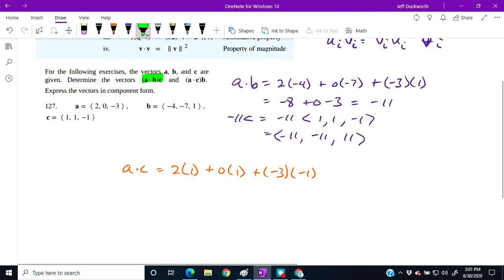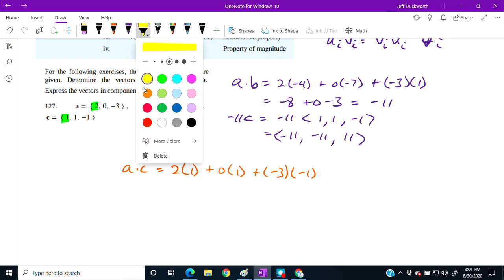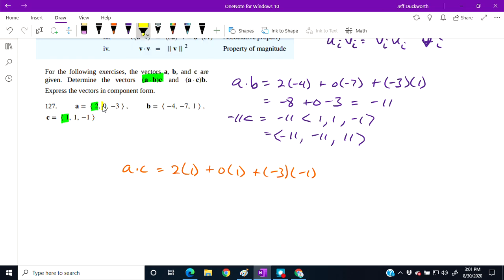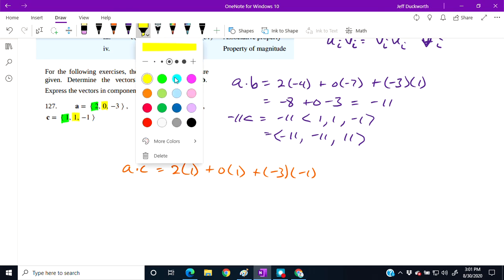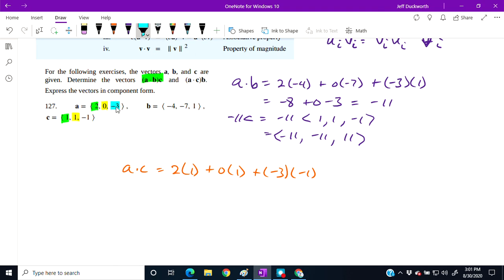Again, there's my 2, there's the 1, there's my 0, there's my other 1, and there's my -3, and there's my -1 for these different values.